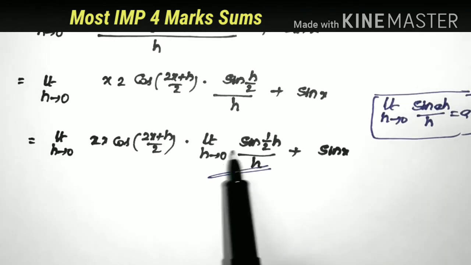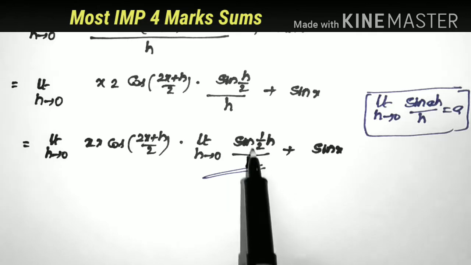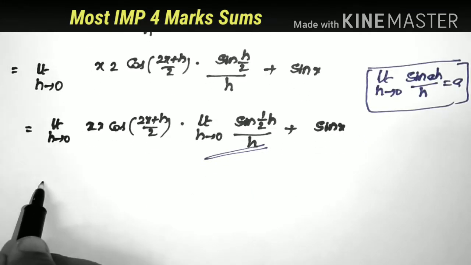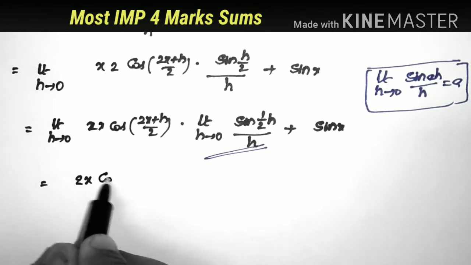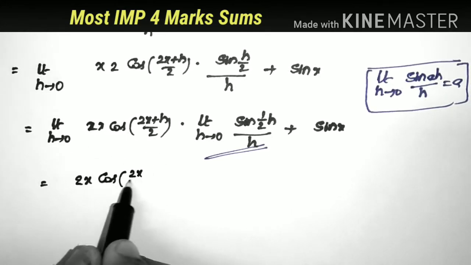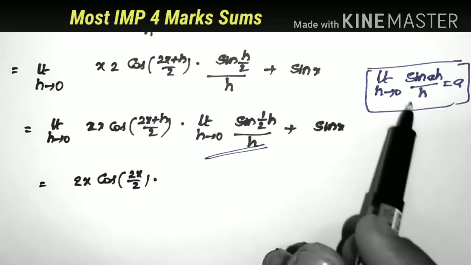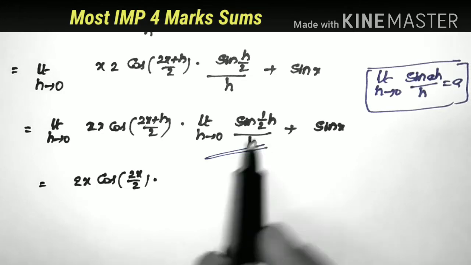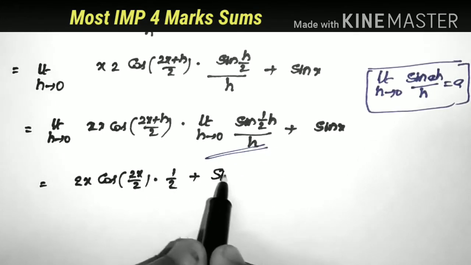Now applying the same formula here, then what we get? sin ah by h. What is a value here? 1 by 2. So this is equal to 2x. Now substituting h is equal to 0 here, then cos of 2x plus 0 by 2, that is 2x by 2, into sin ah by h is equal to a, answer. So this answer is equal to 1 by 2, plus sin x.